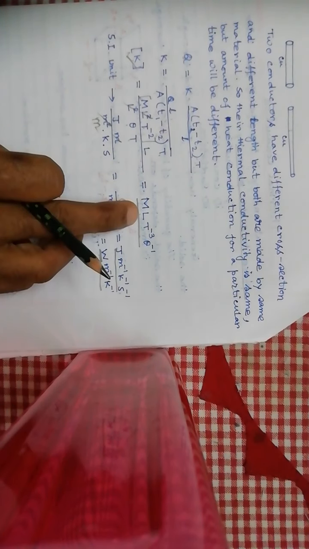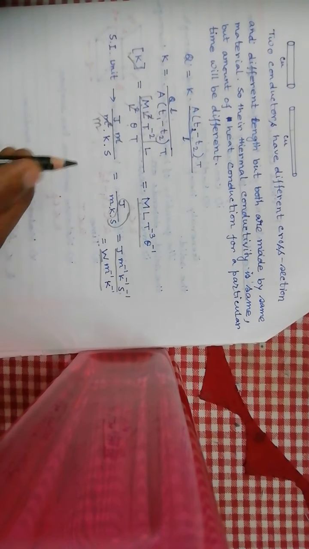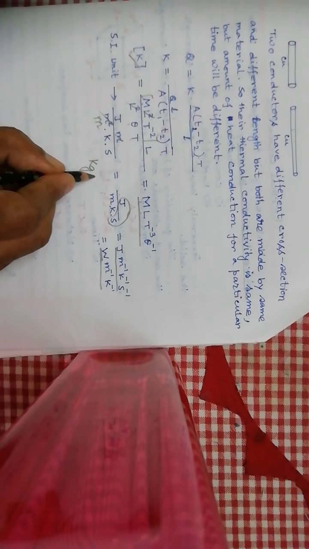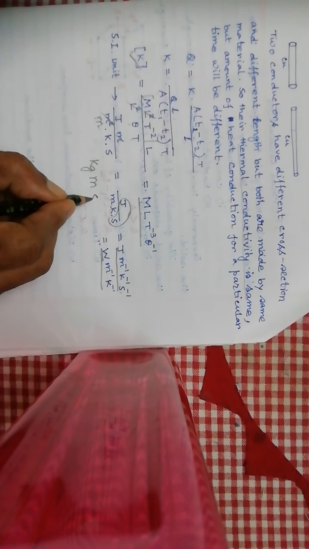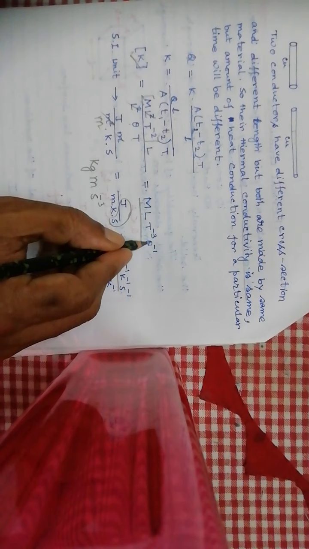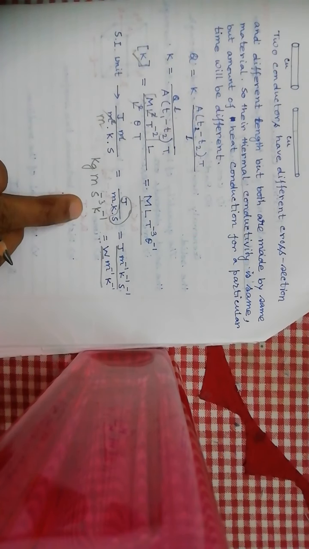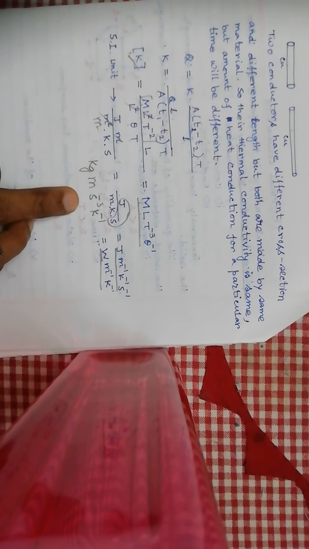Now if you consider the dimension, what SI unit do you get from the dimension? Here M means kilogram, L means meter, T to the power minus 3 means second to the power minus 3, theta to the power minus 1 means K to the power minus 1, and it is also an SI unit according to the dimension. This is the thermal conductivity of the material.